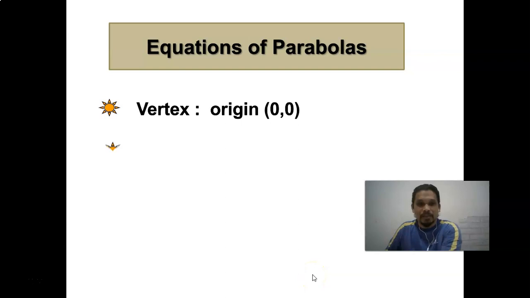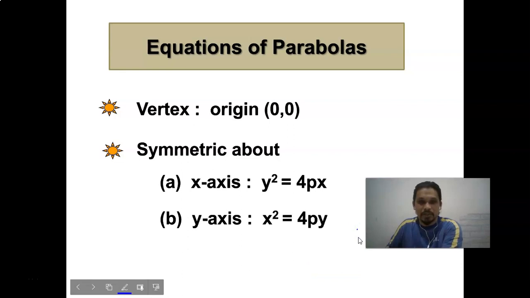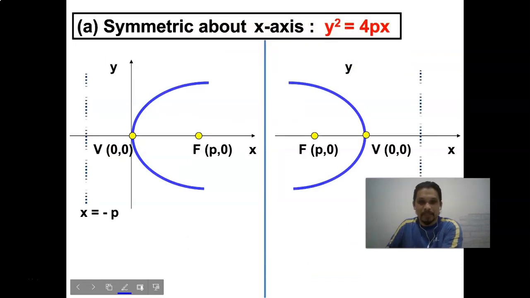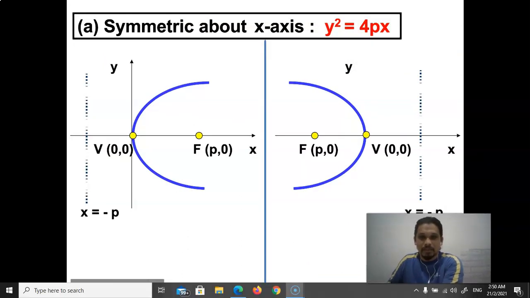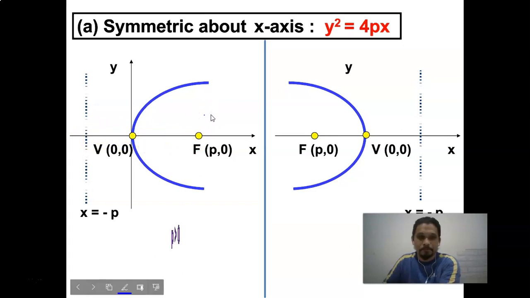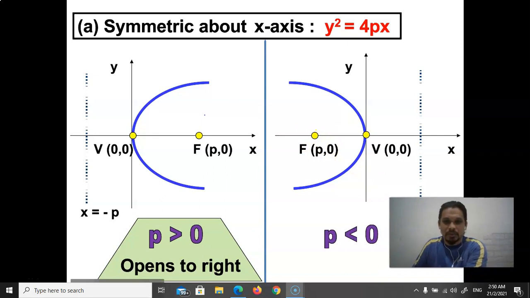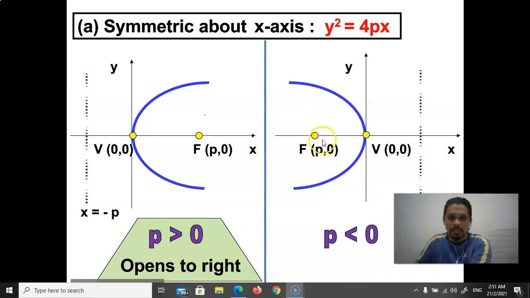For the vertex at the origin, just refer to your lecture notes. Again, as I told you just now, the distance from the vertex to the focus and to the directrix line are equal. For p greater than 0, it opens to the right, and for p less than 0, the graph is facing open to the left.